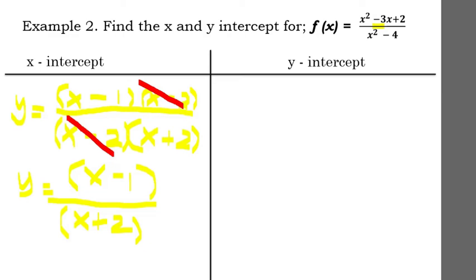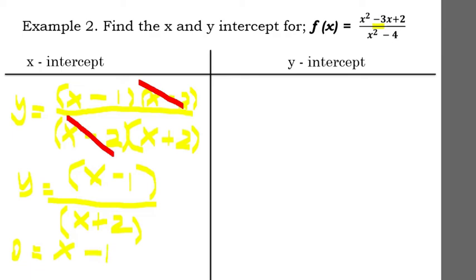Finding the x-intercept, you're going to let y equal 0. Then multiply 0 by x plus 2, so it becomes 0, and therefore it is equal to x minus 1.